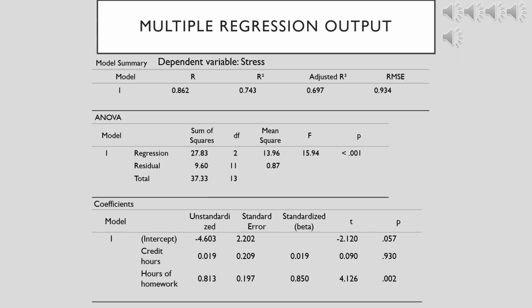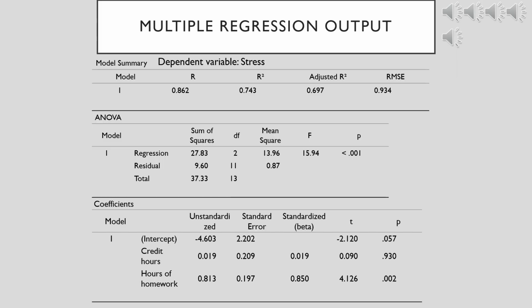So when hours of homework is in the model, it's going to be a much more powerful predictor of stress than credit hours. And you can see that also by looking at the standardized beta. They're called beta weights or beta regression coefficients.